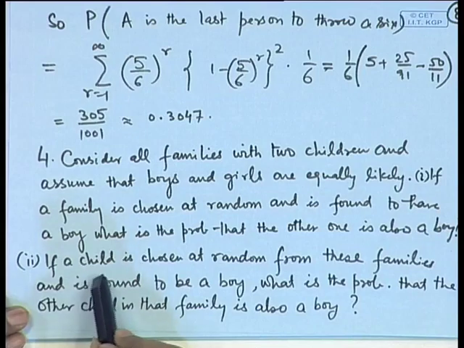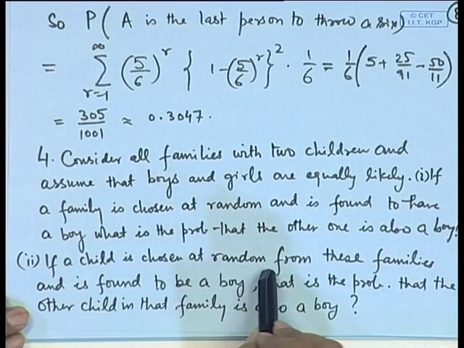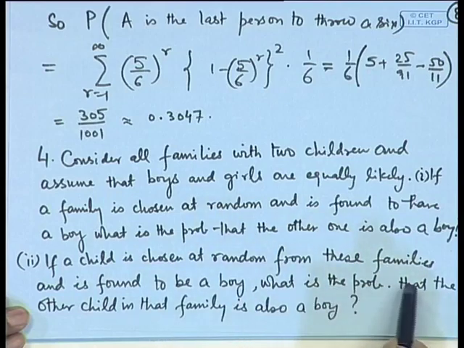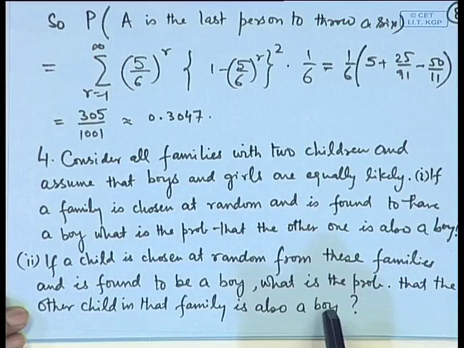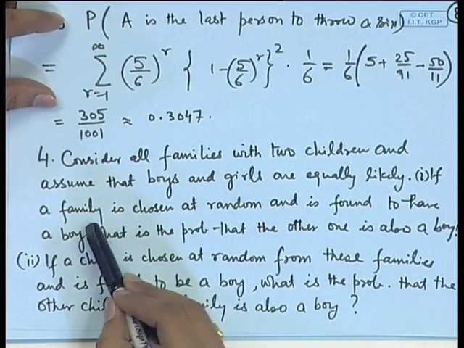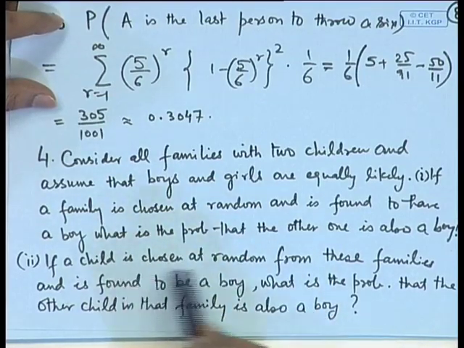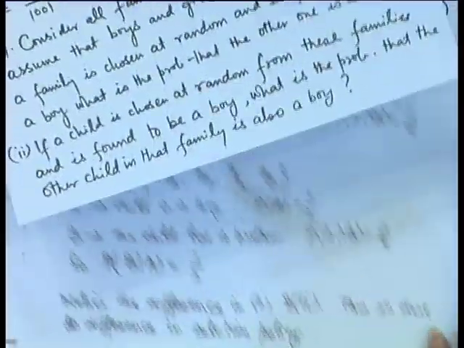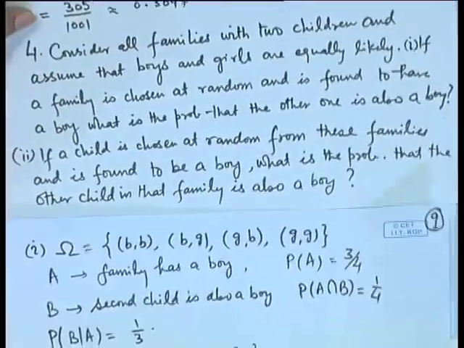In the second part, we ask, if a child is chosen at random from these families and is found to be a boy, what is the probability that the other child in that family is also a boy? Notice here that the sampling scheme is different. In the first one, the family is chosen, in the second one, the child is chosen.